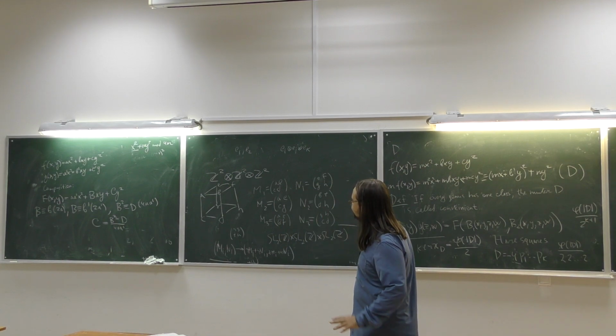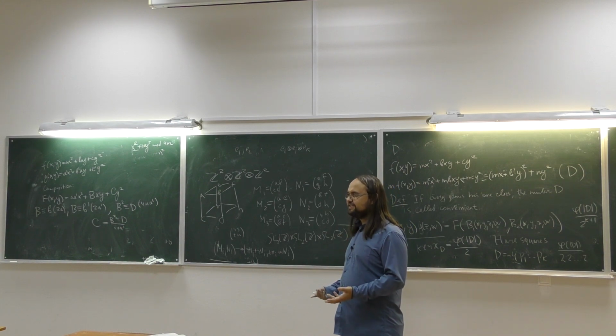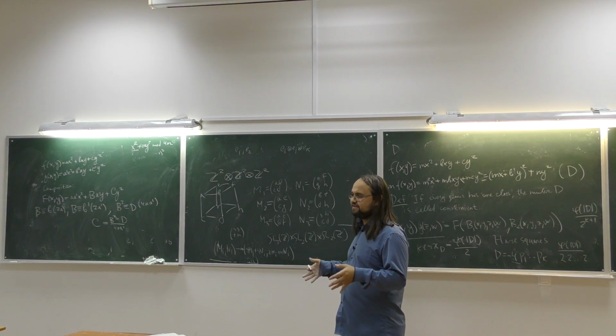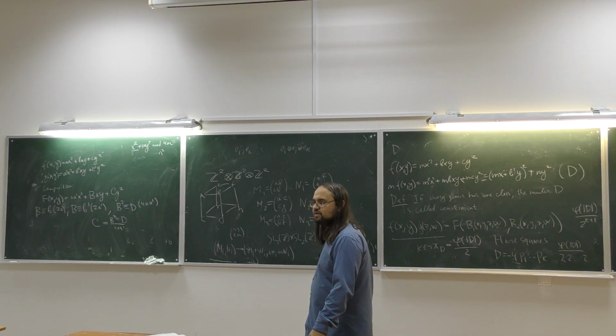So if you want to act by SL2(Z) on ith component, you do this with your ith pair of matrices. These are coefficients of your matrix. So we act on the pair, or we act on the whole cube.